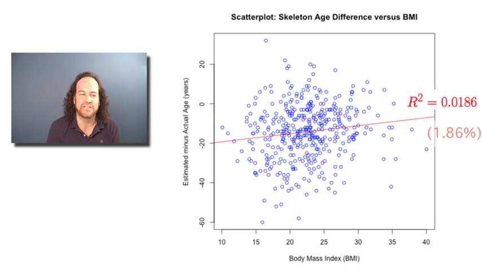Or in percent terms, you could say it's 1.86%. So that means in this case, the linear relationship is hardly explaining anything at all about the age difference. It's just explaining 1.86% of the variation that we get in this age difference can be explained by a linear relationship with the BMI. And that means that all the rest, over 98% of the variation, is not explained by BMI, and there must be more to the story.